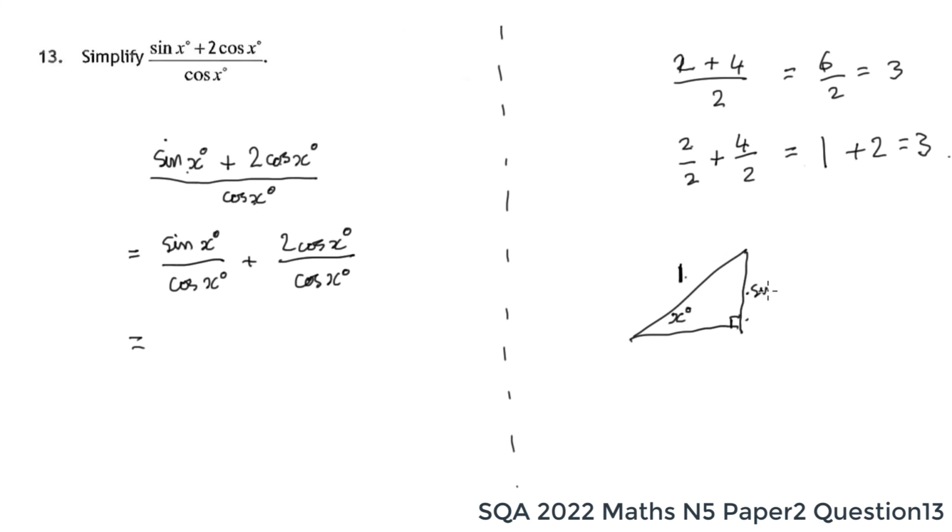Now that means that this side will actually be sine x, opposite over hypotenuse. Sine x over 1, so divide something by 1, you just get sine x. And cosine of x is adjacent over hypotenuse. This is cos x. Cos x divided by 1 is just the same as cos x.